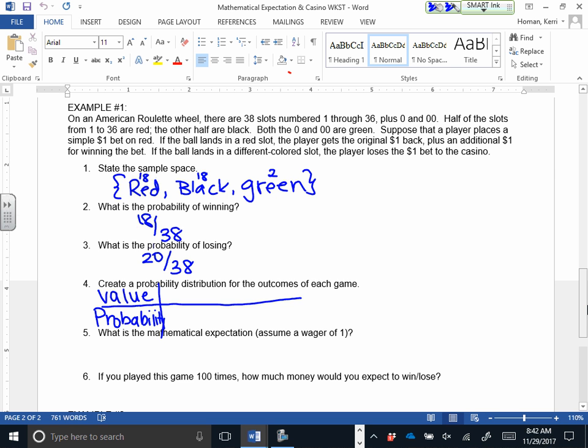So we have a probability of 18 out of 38 to win, and if we win, we are up $1. We have a 20 out of 38 chance to lose, and if we lose, we're down $1.